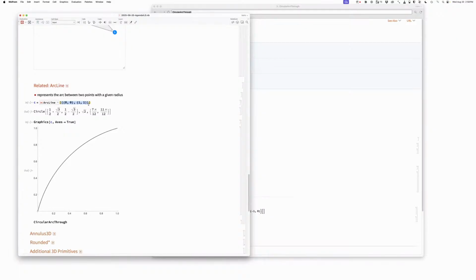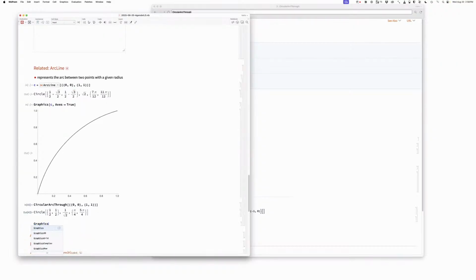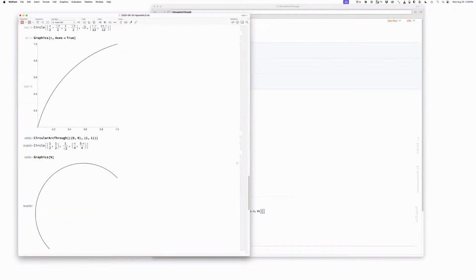Isn't this the same? What's the difference? Not quite. The radiuses are different. Circular arc through is giving a half circle rather than rather than what?